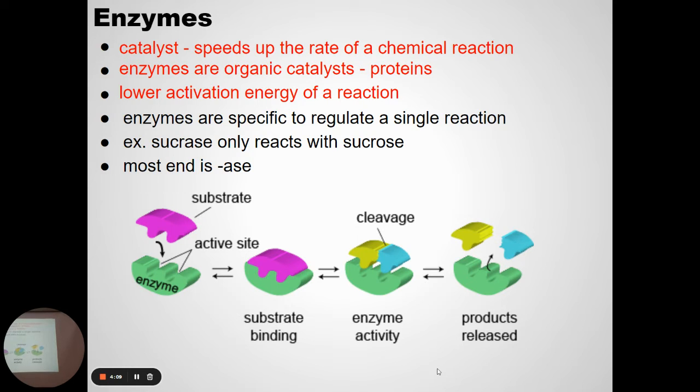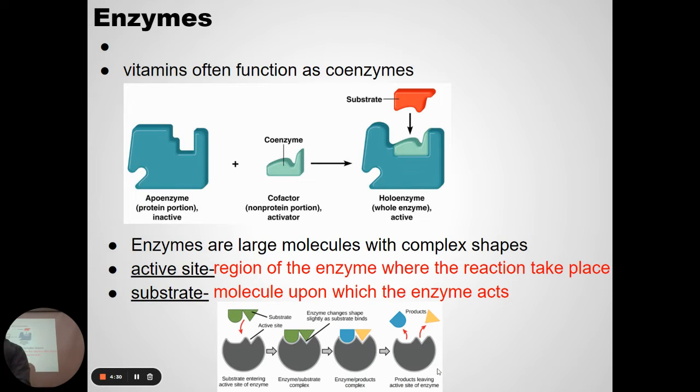Lots of times, enzymes are named with the ending ASE. So for example, an enzyme that takes sucrose, just table sugar, and breaks it up into its two components, that enzyme is called sucrase. It's just named the same thing, but it ends in ASE. And so here's another example, another enzyme. Oftentimes, the enzymes need some helper molecules.